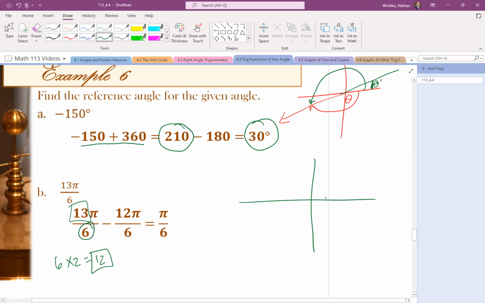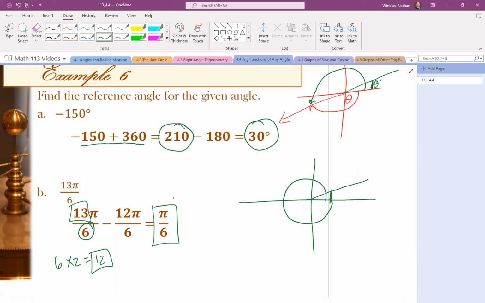What that means is that I have made one full revolution plus some. So my angle is actually this angle right here. Since that's greater than 12, 13 pi over 6 minus 12 pi over 6 gives me pi over 6. It's my first positive angle. It's between 0 and 90, so therefore, it is my reference angle here.